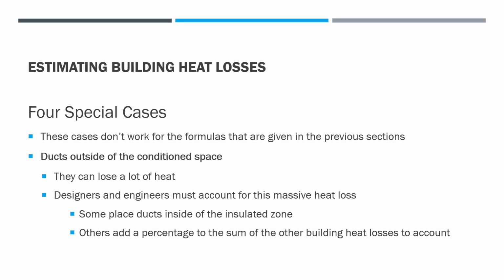Basically, if the duct's not in the insulation zone, it's going to lose a tremendous amount of heat, and engineers, designers, HVAC specialists are going to have to find a way to account for that heat loss when they're calculating the total heat gain and loss in a building. Like I said here, they can add a percentage to the sum or simply place the ducts inside the insulated zone.